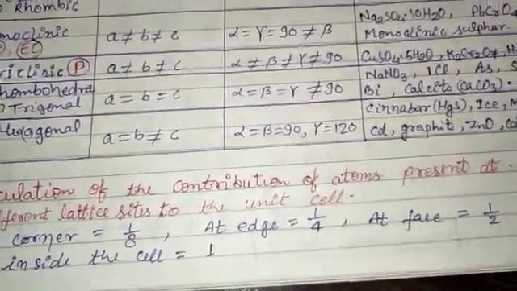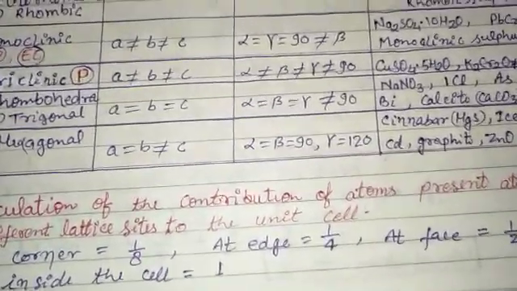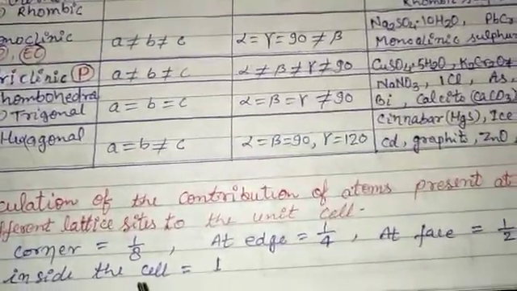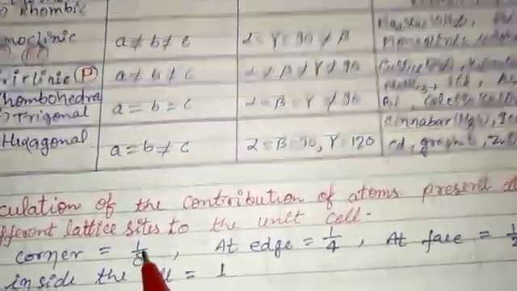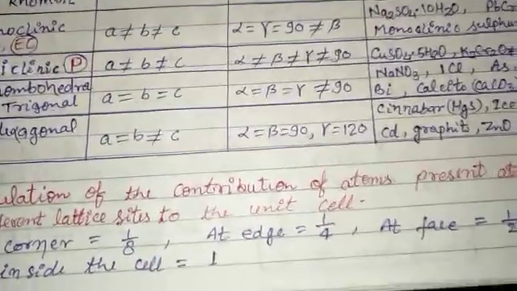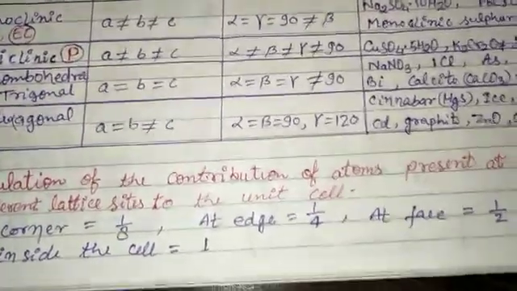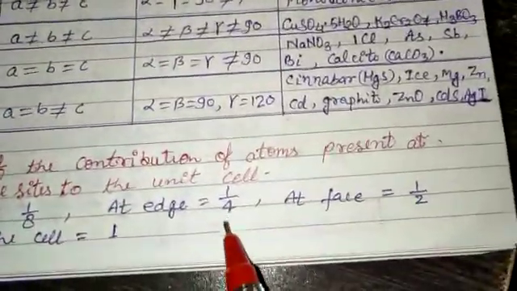It means the particle which is present at the corner contributes 1 by 8 of its part to a particular unit cell.